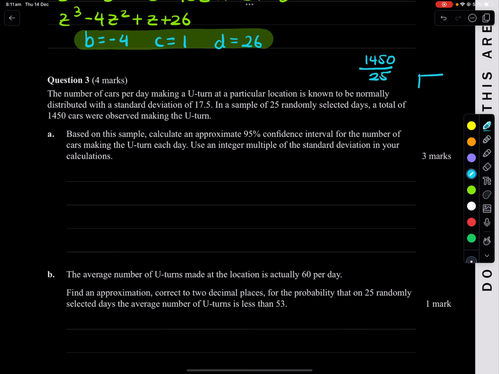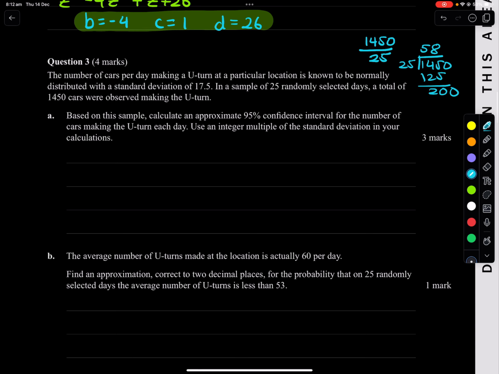If I put a 5 here, so it'll be 125, just 200, and that'll be 58. So it'll be 58, pretty much.